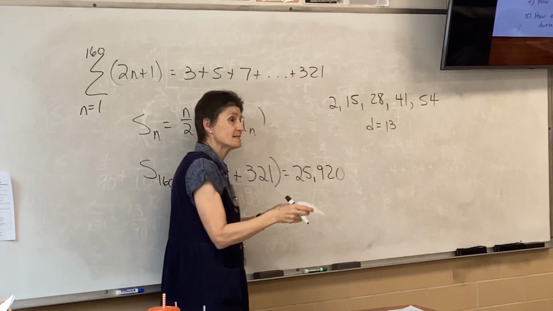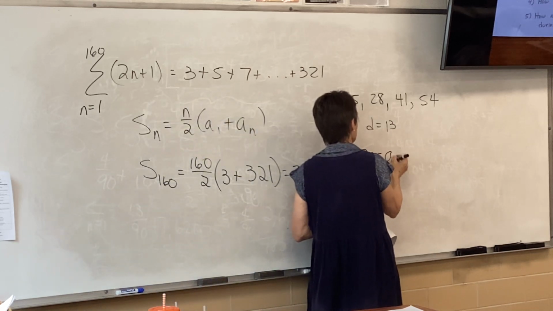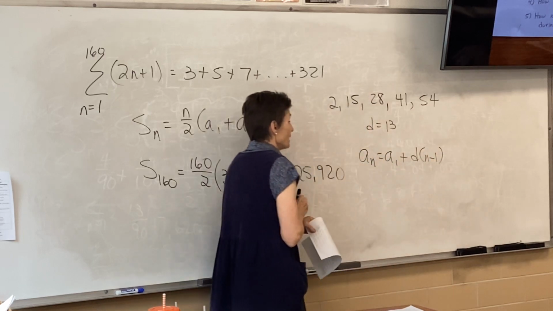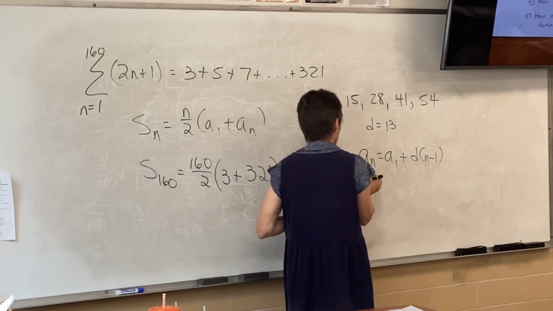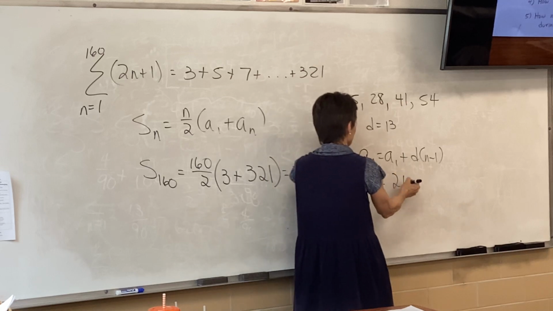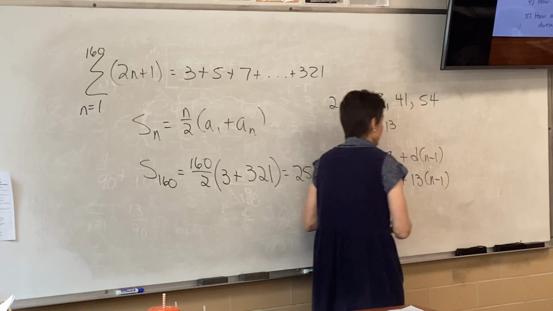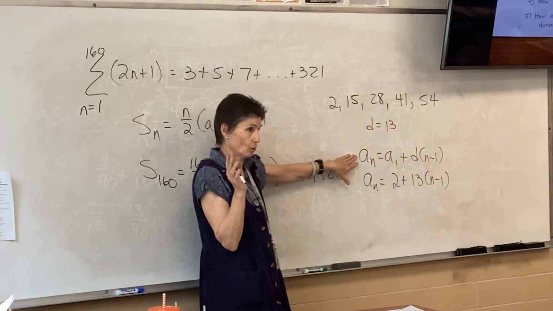Write the explicit formula. So the explicit formula is this one for an arithmetic sequence, and we have to plug in what we know. The nth term will be the first term plus the difference times n minus 1. This is the formula for every arithmetic sequence in the world.